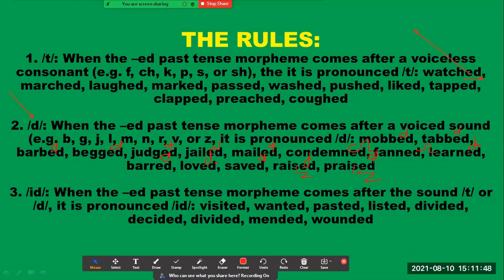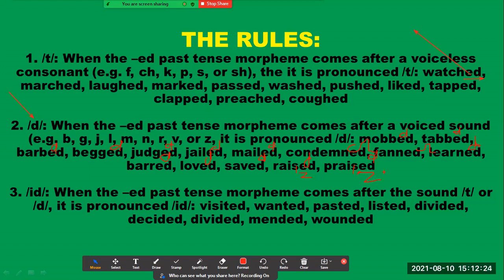And so when the ED past tense morpheme comes after any of these sounds, it is pronounced D, as we have in mobbed, tabbed, babbed, begged, judged, jailed, mailed, condemned, fund, lend, bad, loved, saved, raised, praised.